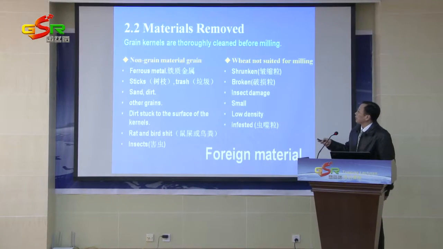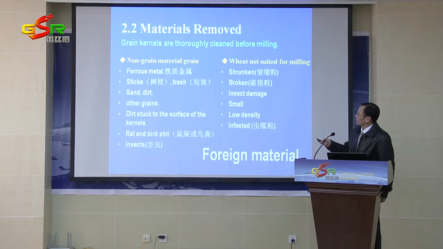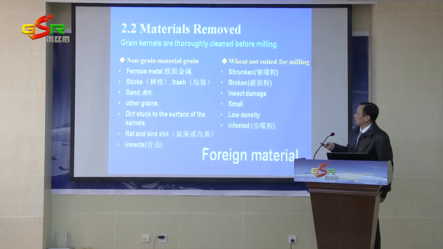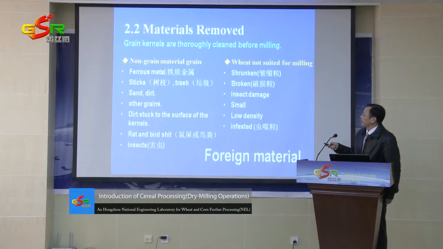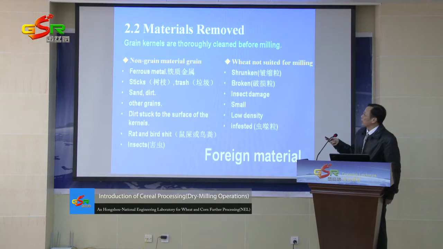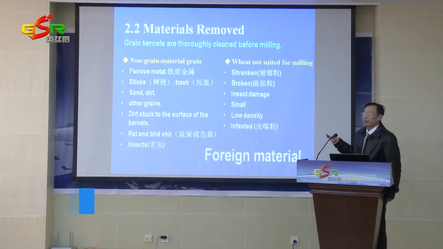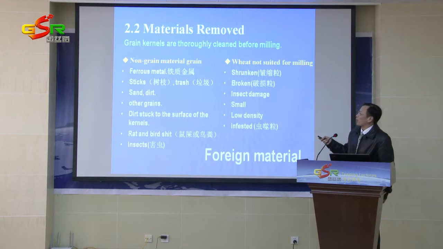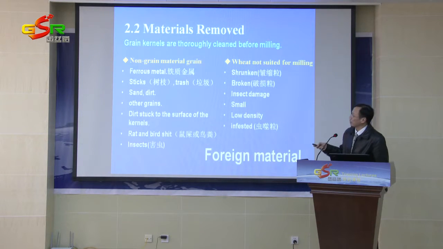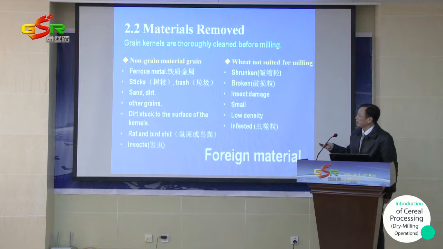This section is about the material removed. Generally, grain kernels are thoroughly cleaned before milling, and non-grain material, free material, contains the ferrous matter, sticks, trash, sap, dirt, and other grain.